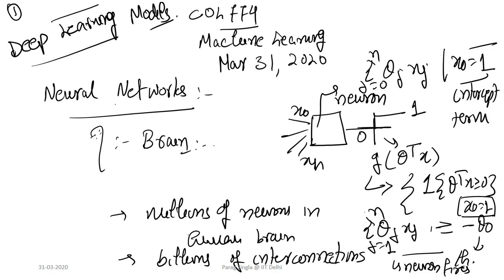So this is another interpretation: the sum of all the inputs, other than the intercept, should be greater than or equal to this threshold, minus theta 0. So these two are one and the same thing. If this holds, then the neuron fires. So this is the basic sort of computation in the brain.